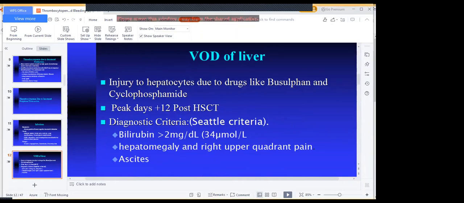And VOD of the liver: injury to the hepatocytes due to drugs like busulfan and cyclophosphamide.